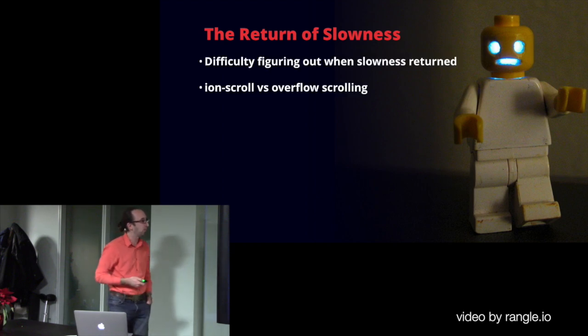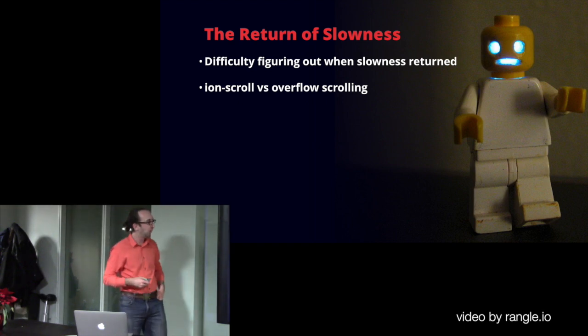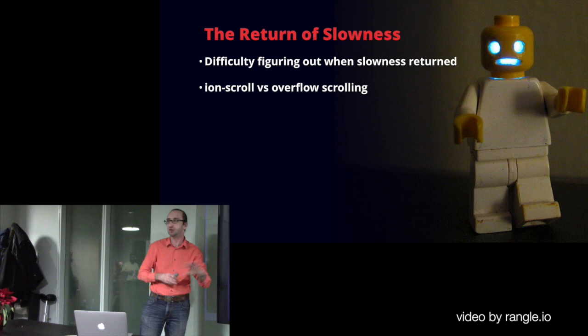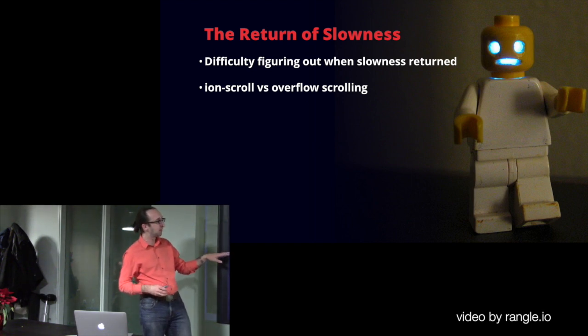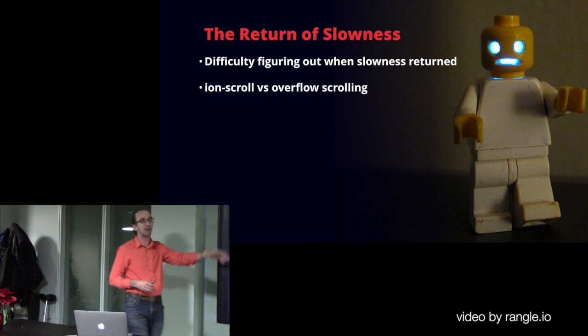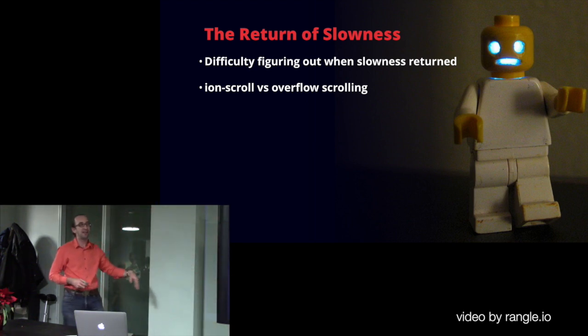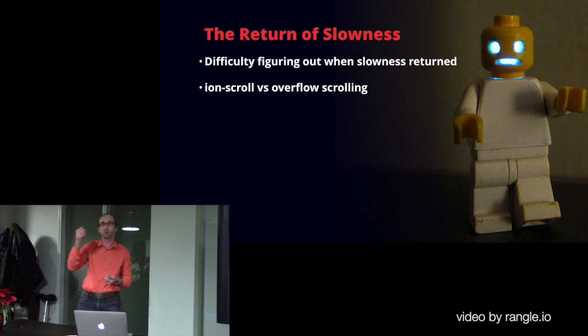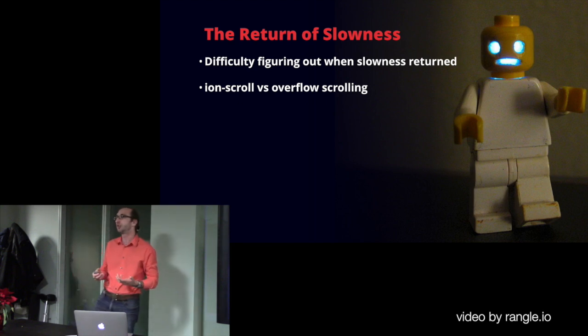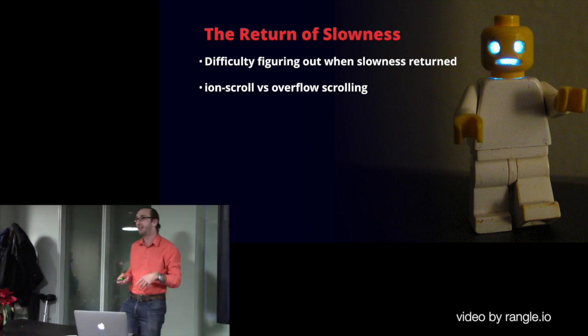It turned out that one of the things we did fairly early on, just for good measure, was to get rid of iron scroll, just to see that it wasn't interfering with anything. Then we switched to overflow scrolling and did a whole bunch of other optimizations that I talked about. In the end we discovered there were a couple of features, like the pull to refresh that was available with iron scroll, that we wanted, and so iron scroll got put back.